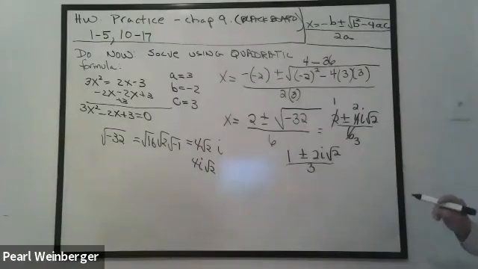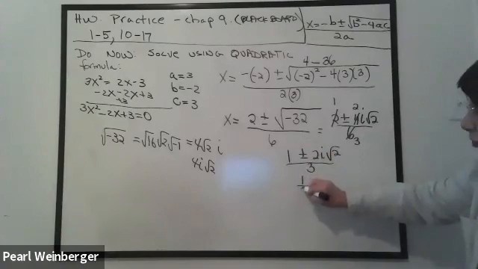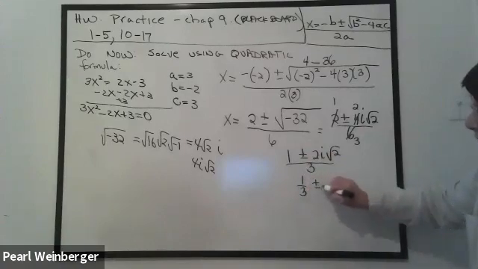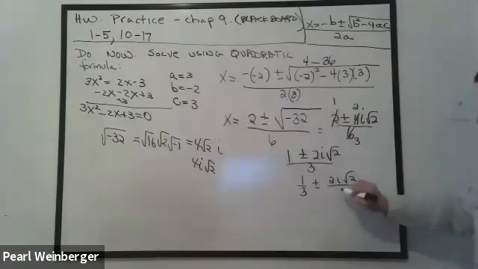Sometimes, if you recall, we write our complex numbers as separate pieces. So I could write 1 over 3 plus or minus 2i radical 2 over 3. Sometimes the i, instead of putting it in the middle there, they put the i at the end.